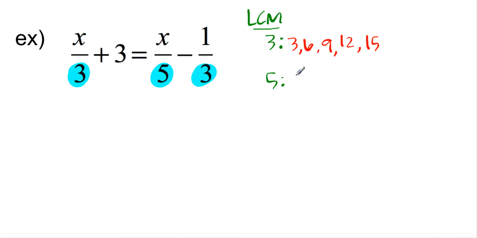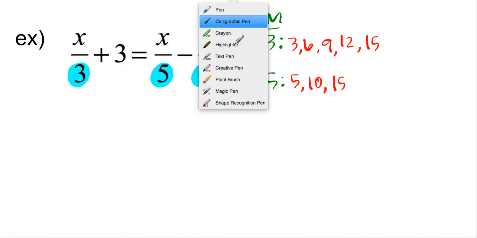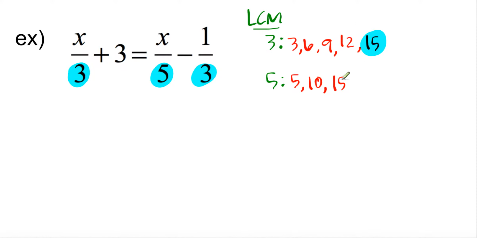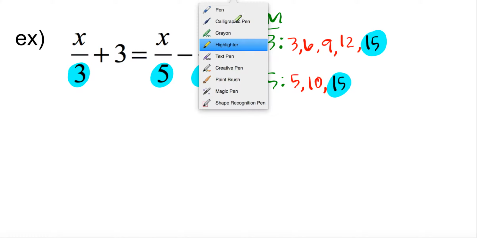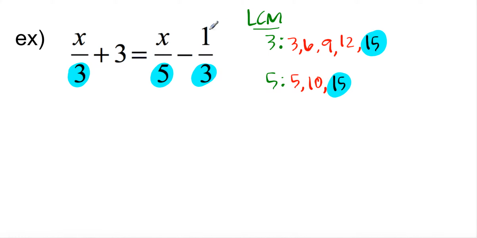Likewise, 5 times 1 is 5, 5 times 2 is 10, and 5 times 3 is 15. And you probably could figure that one out without writing it all out, and that's good too. That's the smallest number 3 and 5 have in common. So now we're going to multiply each term by 15.